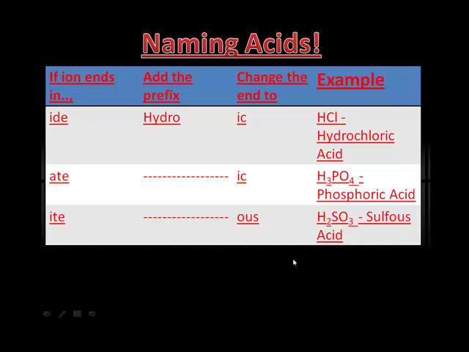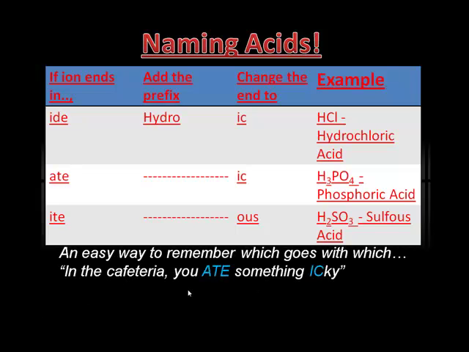Now there's a couple things that chemists have done for who knows how many years to help them remember this. In the cafeteria, you ate something icky. If your negative ion ends with an ATE, it's going to have an IC ending. In the cafeteria, you ate something icky.